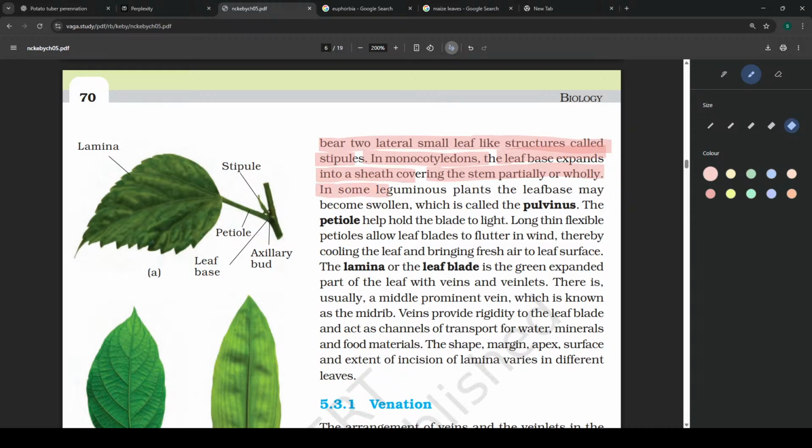In some leguminous plants, the leaf base may become swollen, which is called the pulvinus. This is an important characteristic of leguminous plants, where they have a swollen leaf base. The base will be something like this if we see a picture.